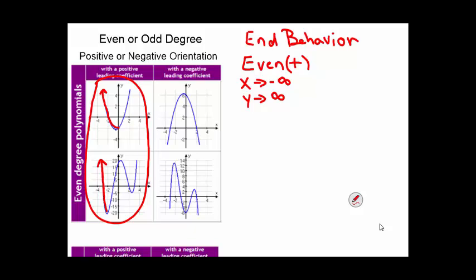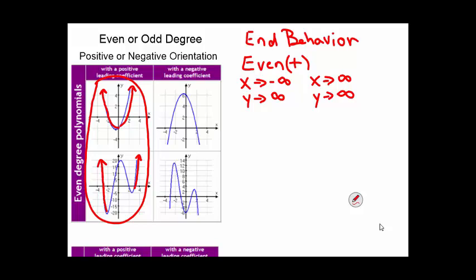So if we look at the other end of it to describe what happens as x goes to infinity, well, we'd say y goes to infinity. Same thing here. As x goes to infinity, y goes to infinity. So we would say that. So that's always the end behavior for an even, positively oriented degree polynomial.